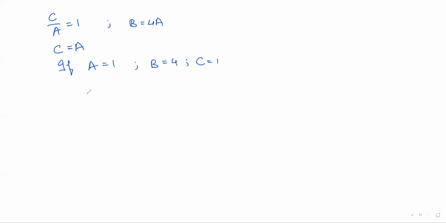With this, we can formulate one quadratic polynomial: x squared plus 4x plus 1. But there can be n such quadratic polynomials. So let this be multiplied by k. Because instead of considering a as 1, we can have any value of k.